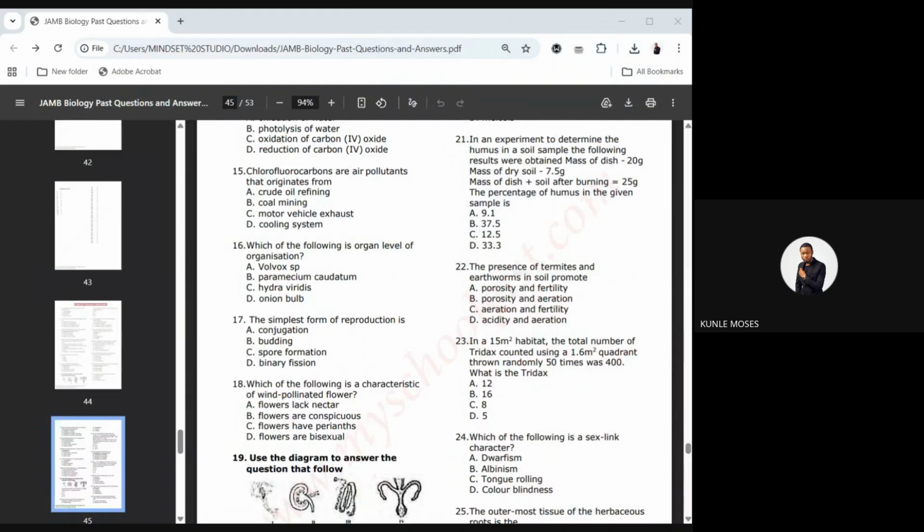The presence of termites and earthworms in soil promotes what? C. Aeration and fertility. Fertility, yes. Aeration. How do termites produce everything?